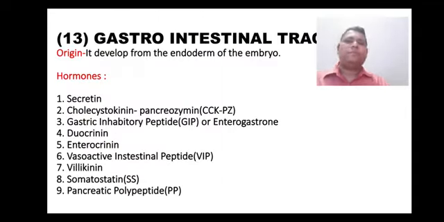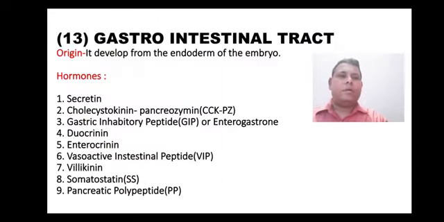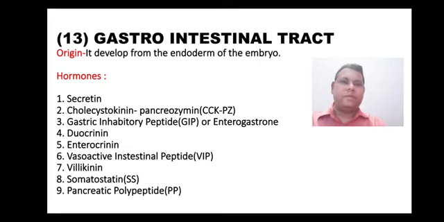Another endocrine gland is the gastrointestinal tract, endocrine in nature because of the secretion of hormones also. The gastrointestinal tract develops from the endoderm of the embryo, and the innermost layer of the wall of the alimentary canal is called the mucosa.